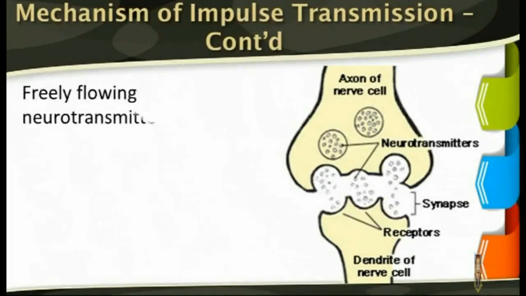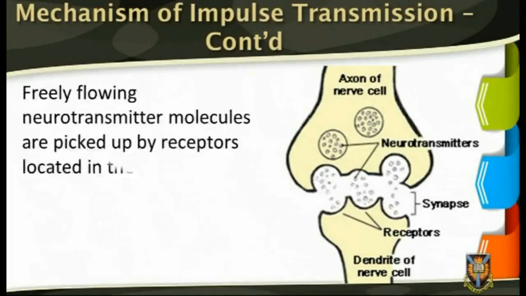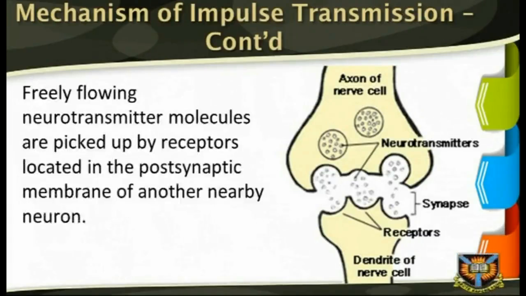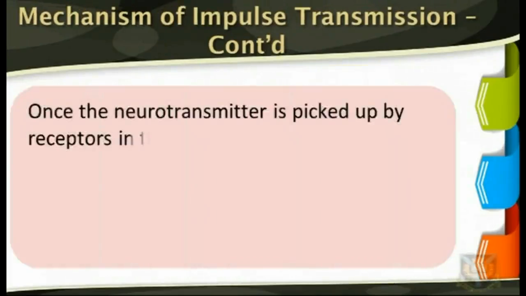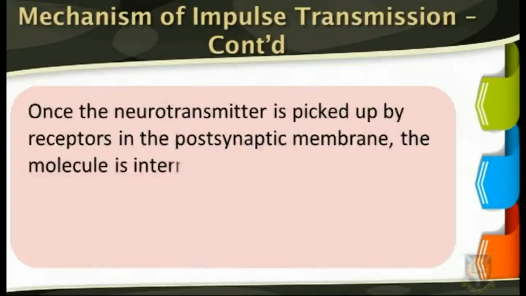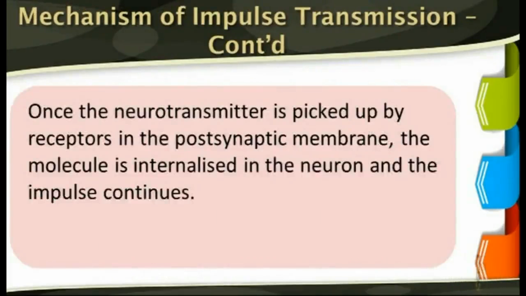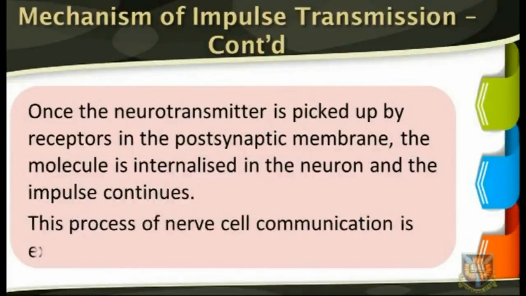Freely flowing neurotransmitter molecules are picked up by receptors, structures that appear on cellular surfaces that pick up molecules and feed them into a lock and key, located in a structure called the postsynaptic membrane of another nearby neuron. Once the neurotransmitter is picked up by receptors in the postsynaptic membrane, the molecule is internalized in the neuron and the impulse continues. The process of nerve cell communication is extremely rapid.